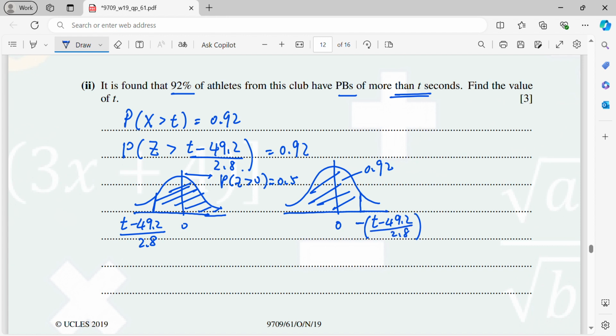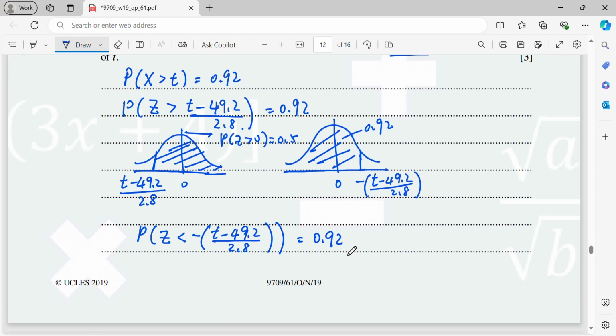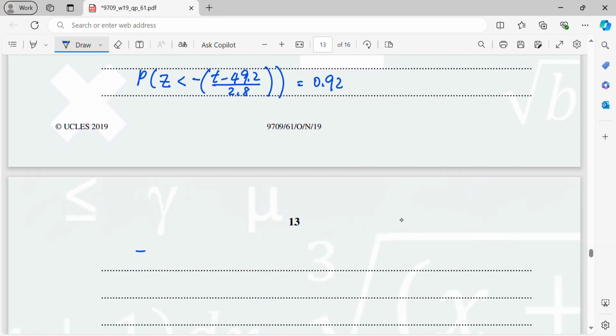So from here I will say P(Z < -(t - 49.2)/2.8) is 0.92. Now I can get the value from the table. From the table, P(Z < 1.406) is 0.92. When you compare these two equations, they are the same for the highlighted values, so I will equate them.